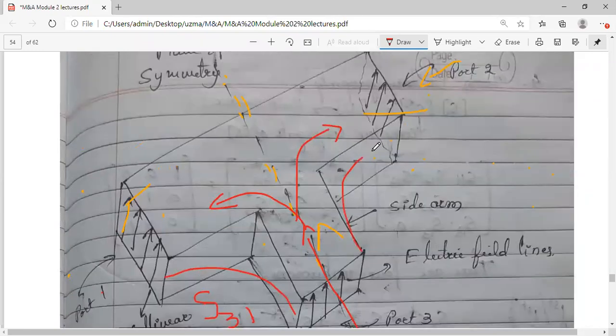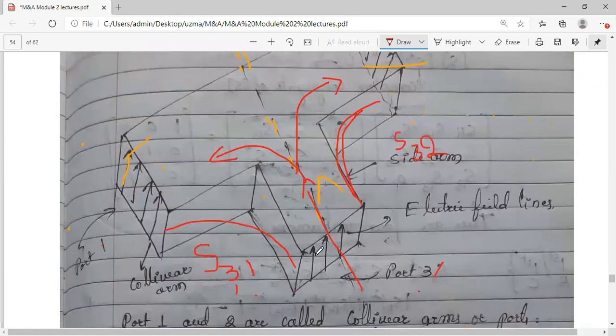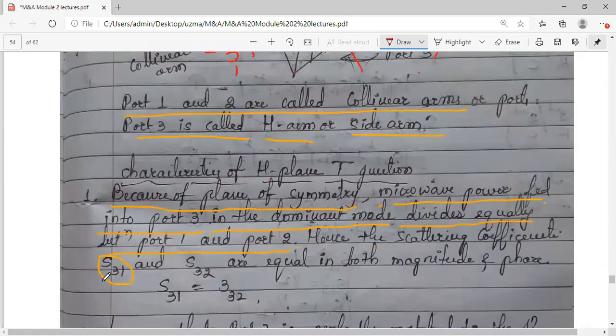Similarly, the scattering coefficient here, right hand side, this is the third port, this is the second port. So it will be S32. Okay. So S31 and S32 both are equal, in both magnitude and phase, because of the plane of symmetry.